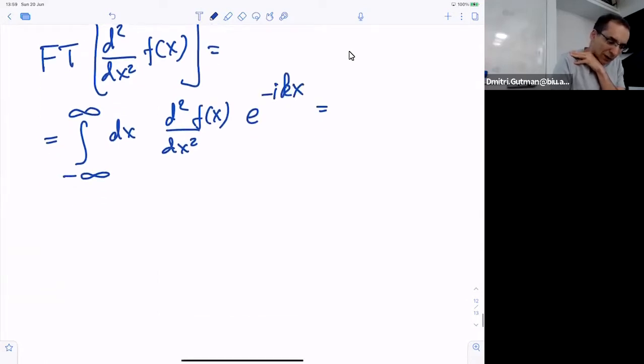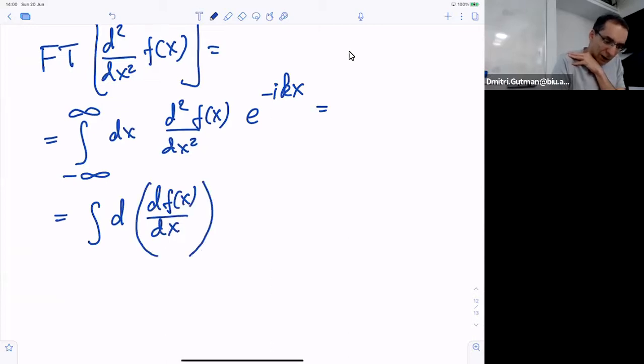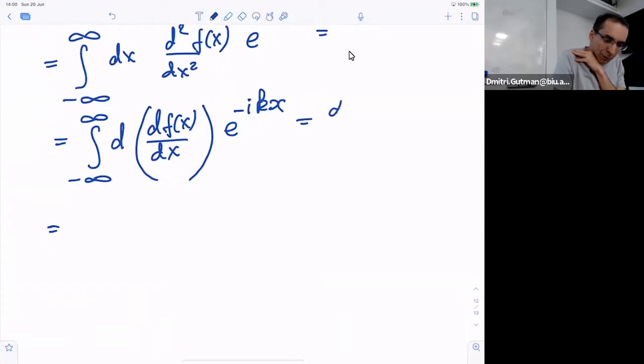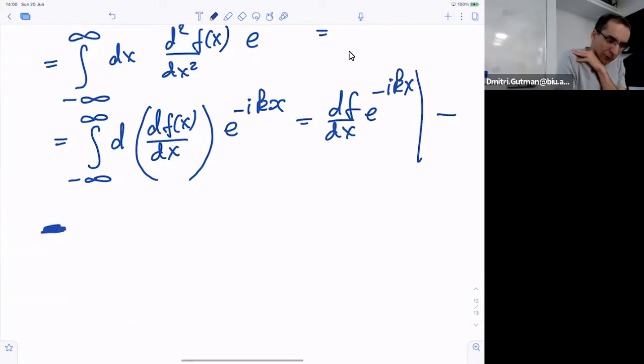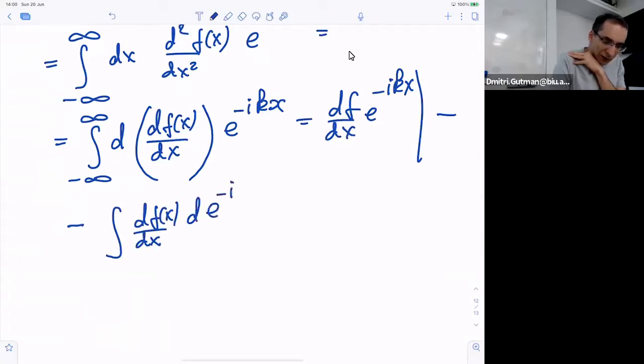And I'm saying, okay, this is the integral of the derivative of df of x over dx times e to the minus ikx from minus infinity to infinity. This will now be equal to a boundary term minus the integral df over dx d e to the minus ikx.